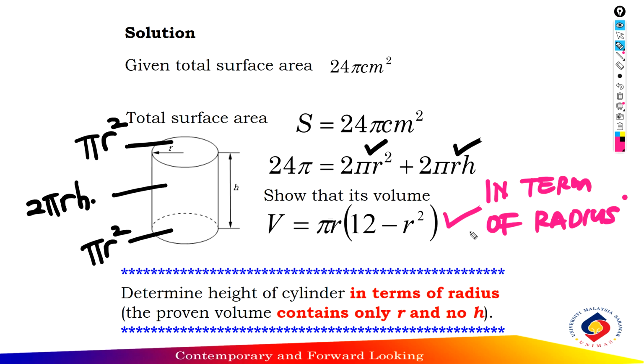The method here is to write down the height of the cylinder in terms of the radius. This is the method to solve this question. The volume of this cylinder contains only the radius, πr times (12 minus r²), and no height terms.